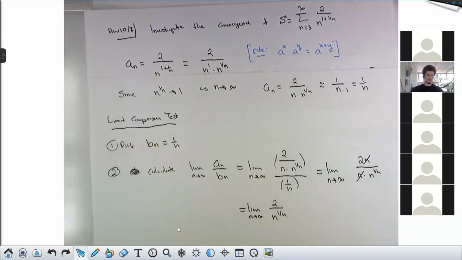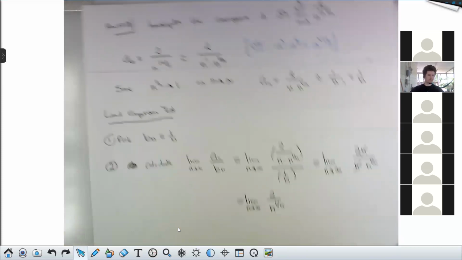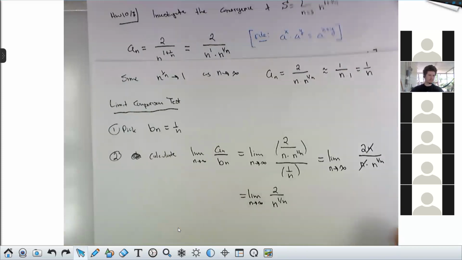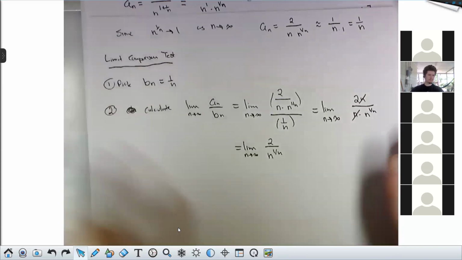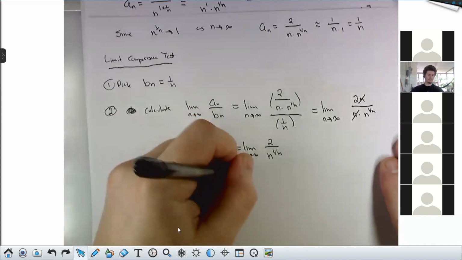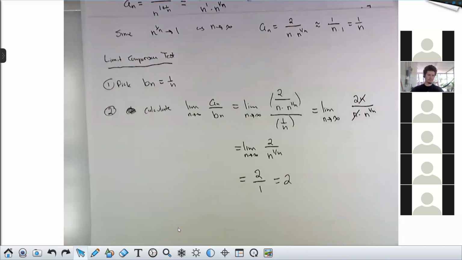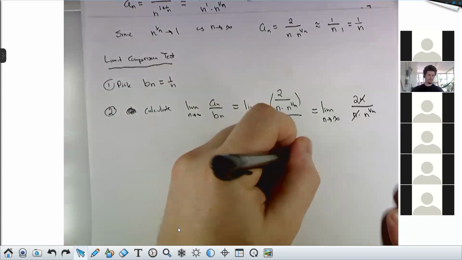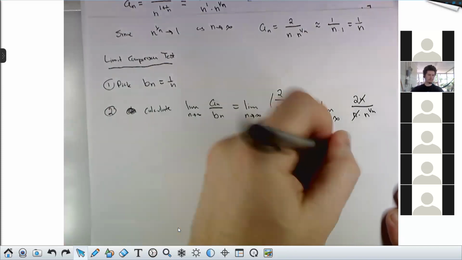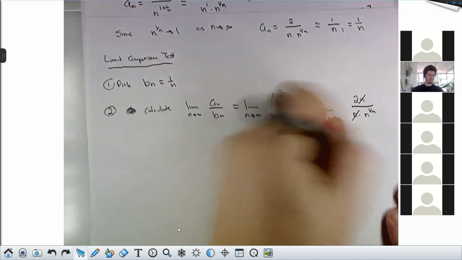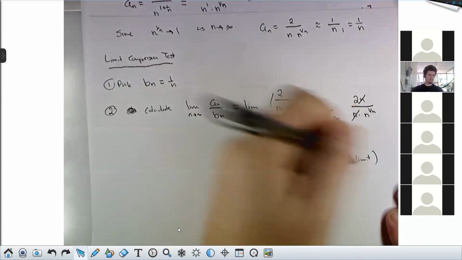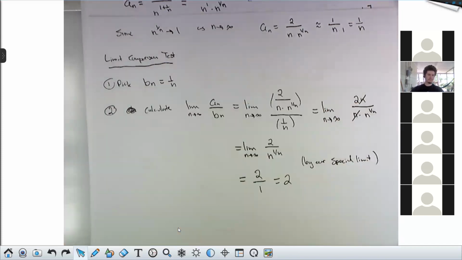And here's another place where I can use that special limit. I know that this bottom piece is going to 1, so I'll say this is just 2 over 1, which is 2. And we can say here, by our special limit, if we want to make clear where this is coming from.